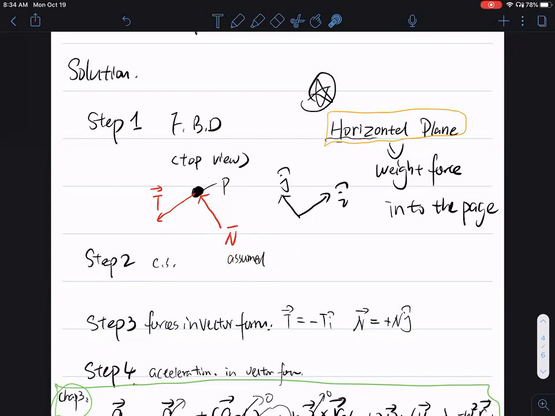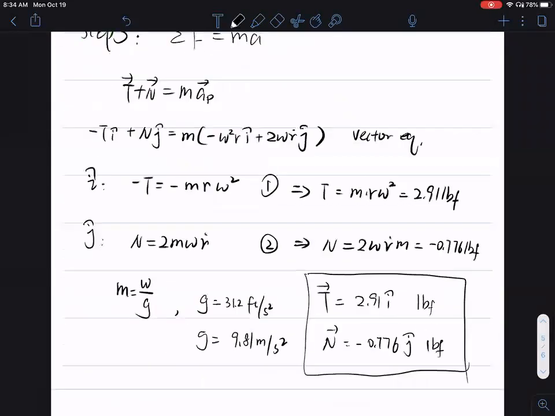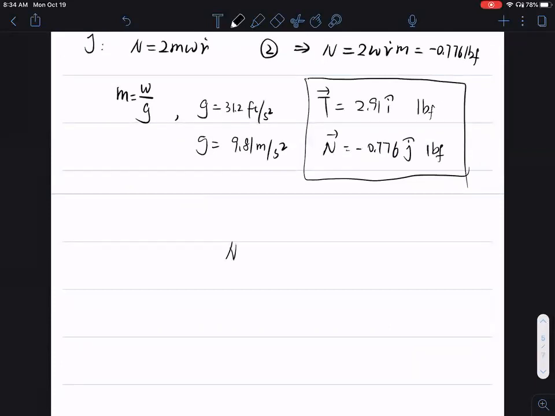So in reality, you don't have to go back to change your free body diagram because the free body diagram is an assumption. But in your solution, you can mention that in reality the normal force N should be going down on the particle.